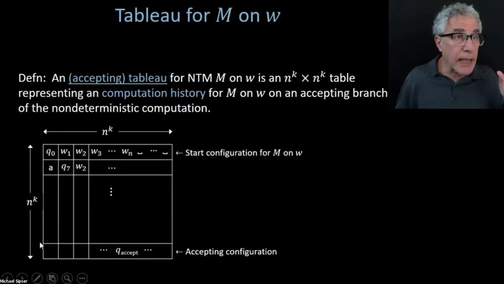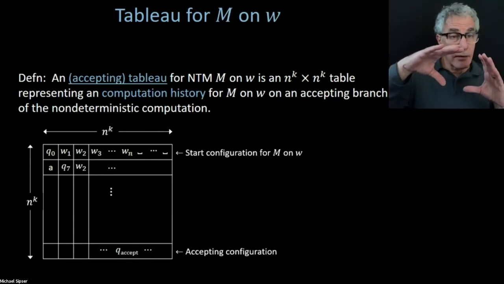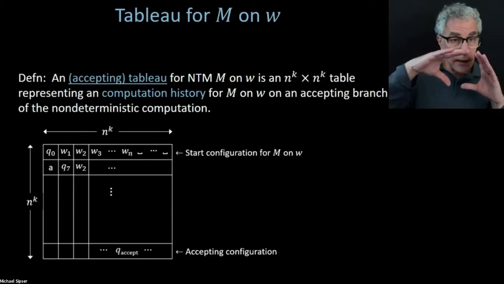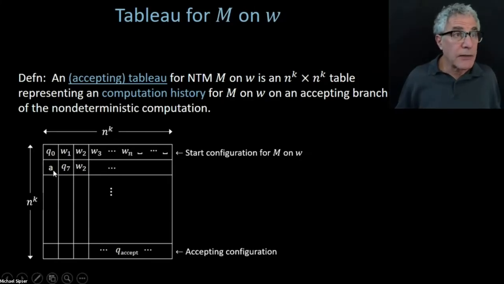So I want to make my table n to the k by n to the k, because that's going to be enough to represent all of these configurations of M running for at most n to the k steps. Because even if the machine sends its head moving to the right as fast as it possibly can, it's never going to go outside this box if it only runs for n to the k steps.